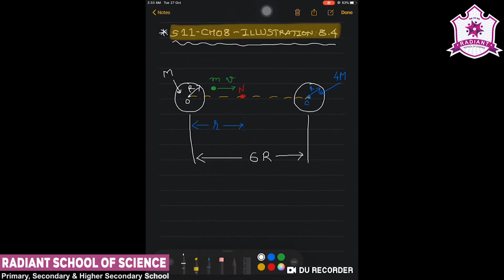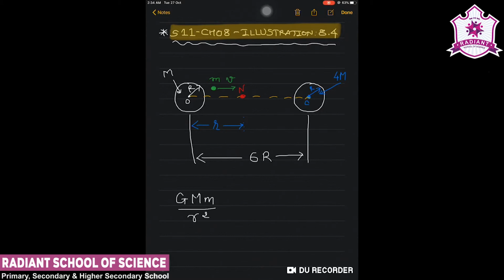The gravitational force at point N due to the left sphere is given as G M m over r square.